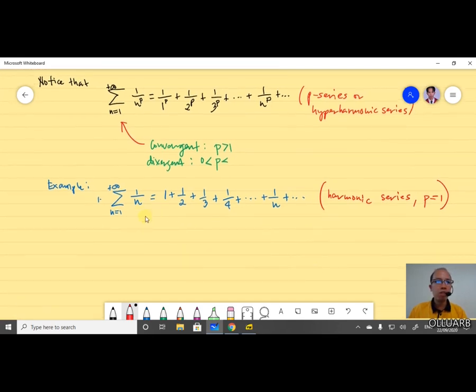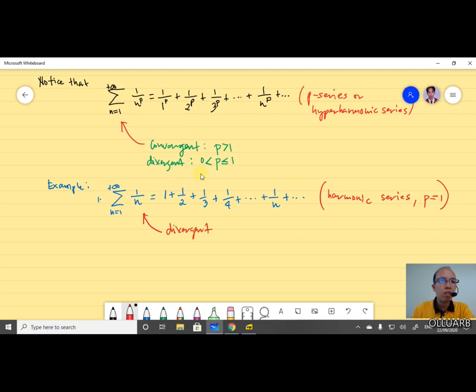Based on the theorem, this is divergent.